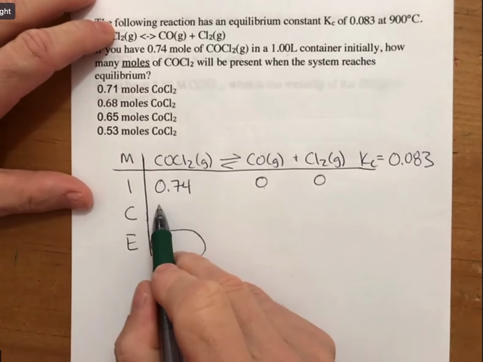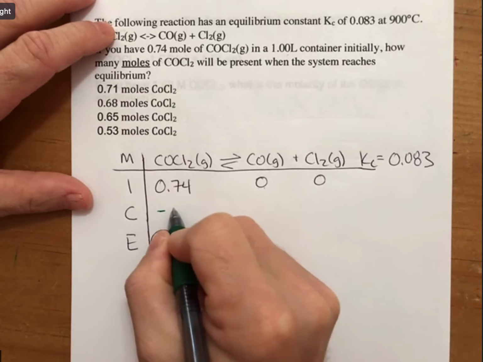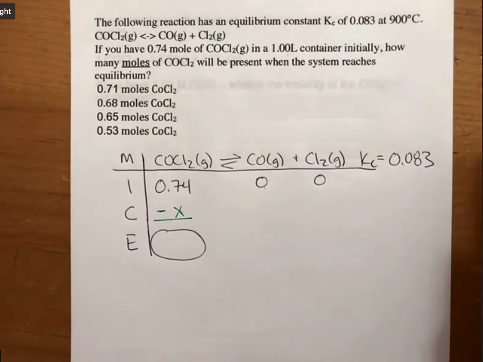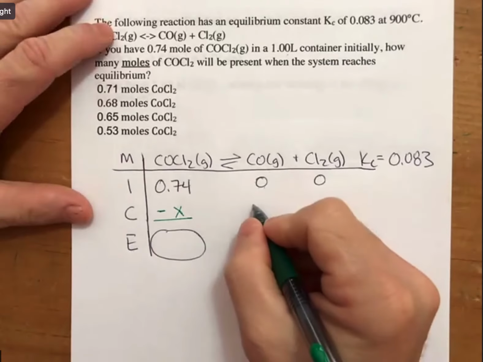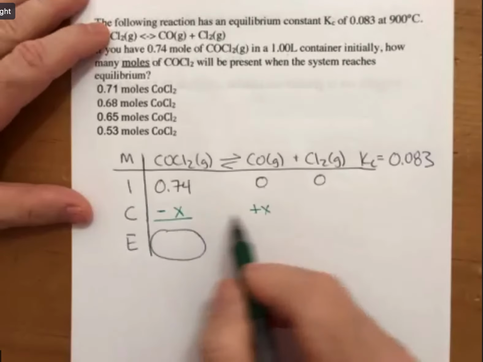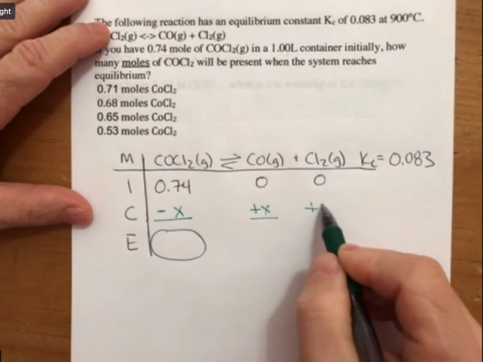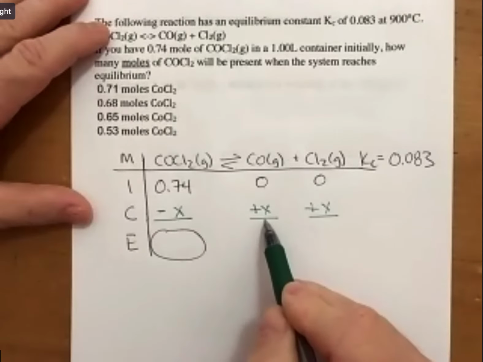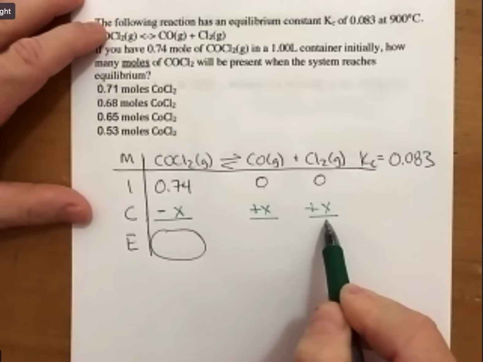But in order to do this, we have to take minus X, because we don't know how much reaction is going to occur. Some of the reactants will be taken away, an unknown amount, and it will be converted into each of our products. That's what this plus X means here for each of these.